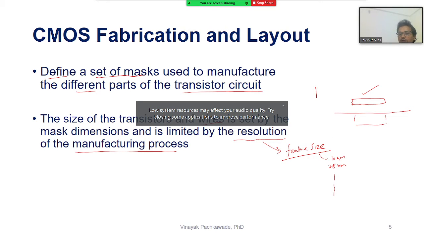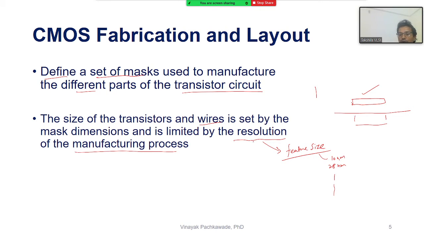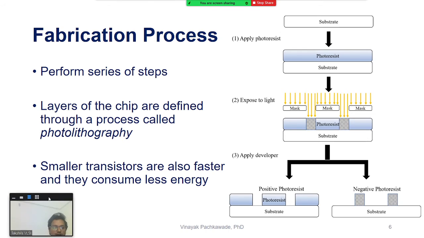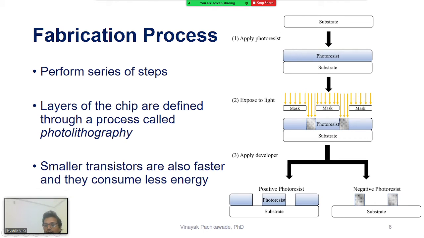So they will use these words, resolution, feature size. As a layout engineer, these are essential words that will help you to talk to your fellow people in the industry. So let's understand in a brief way how this transistorized circuit can be fabricated.